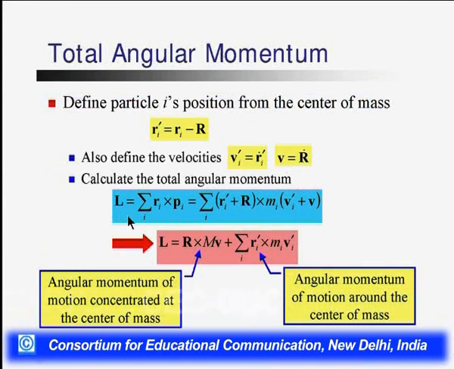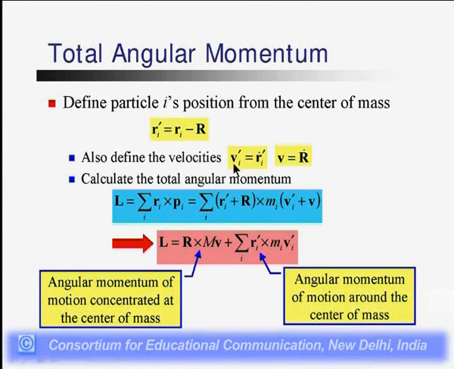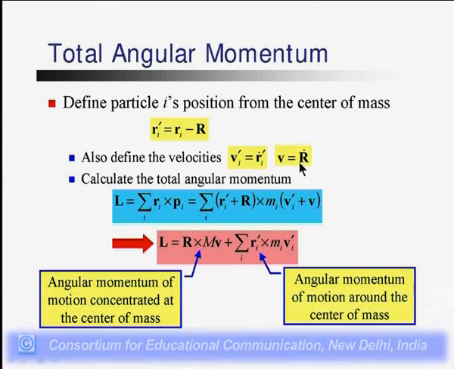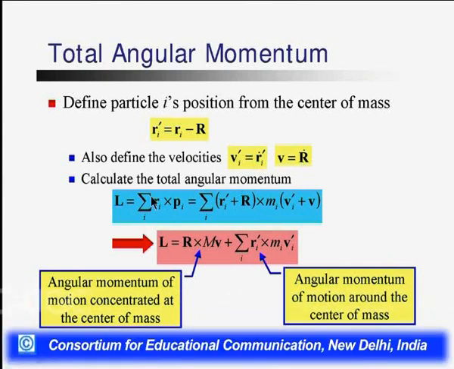For the total angular momentum, we define the ith particle's position from the center of mass as Ri dash, which is equal to Ri minus R. Then we define the velocity, Vi dash, which is equal to Vi minus V. Then we calculate the total angular momentum in terms of the position of the particle relative to the center of mass.